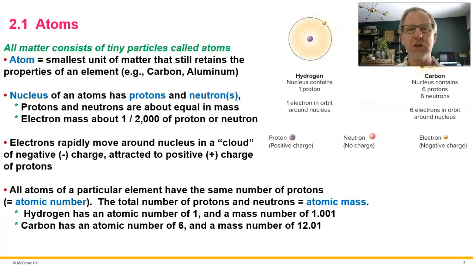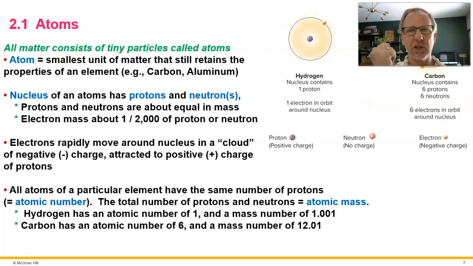Now, protons and neutrons are of about equal mass. So that means if I was holding a proton in this hand and a neutron in this hand, they would look exactly the same in terms of their mass, like 2 apples or oranges of an equal size and mass. Electrons are the 3rd kind of subatomic particle that makes up an atom.